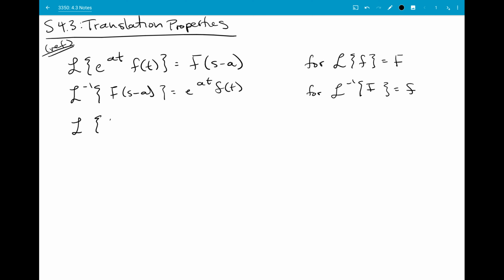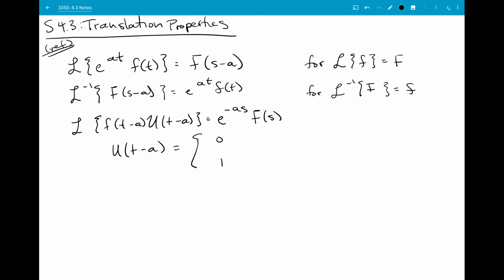L of f of t minus a times u of t minus a is equal to e to the minus as times F of s, where u of t minus a is a step function.